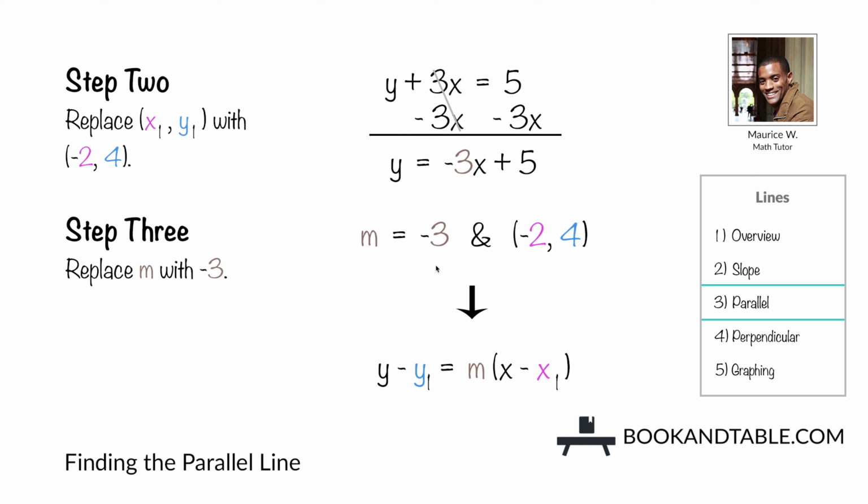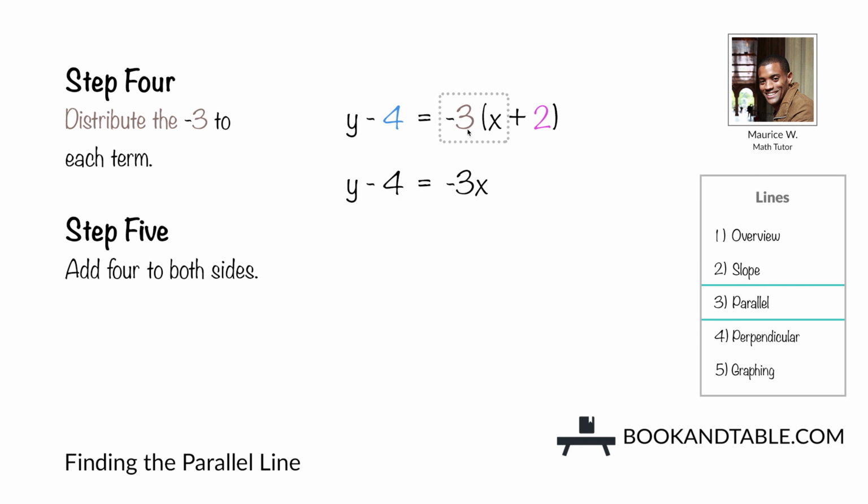So step 2, replace x1 and y1 with -2 and 4. X minus -2 gives us x plus 2. And then we get y minus 4 on this side. In step 3, we replace m, our slope, with -3. And now we have everything we need to figure out the equation of the line that we are looking for.